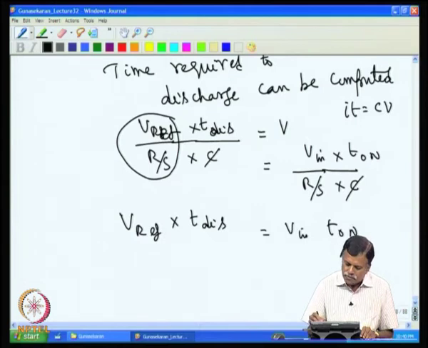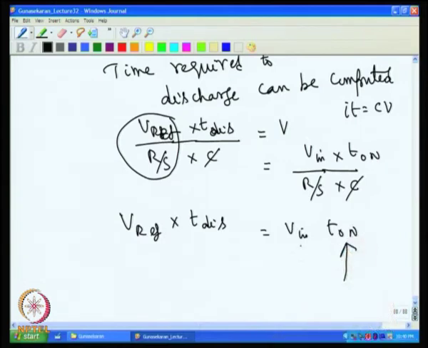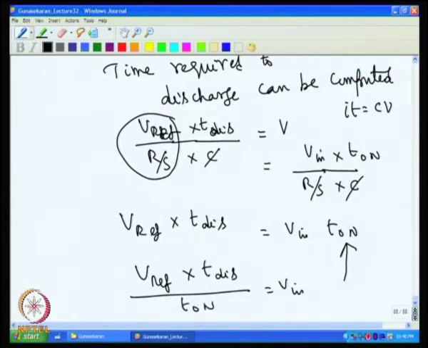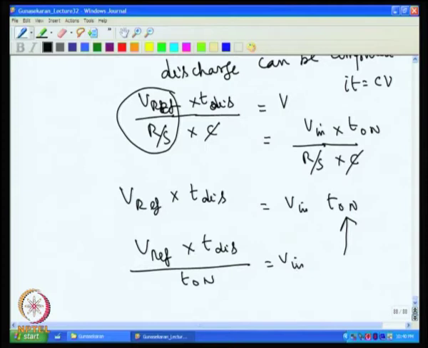Since T on is fixed, V in is actually given by V reference into discharge time divided by T on, that gives you V in. So, the discharge time gives you the voltage V in.